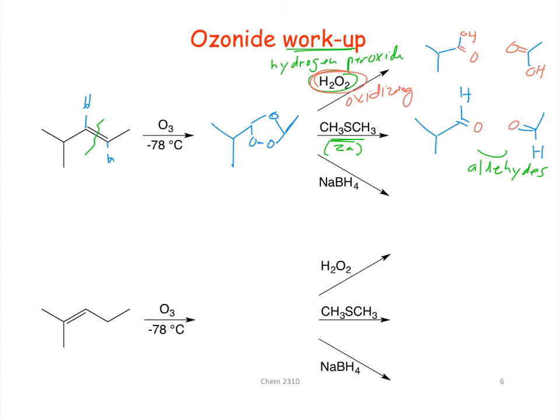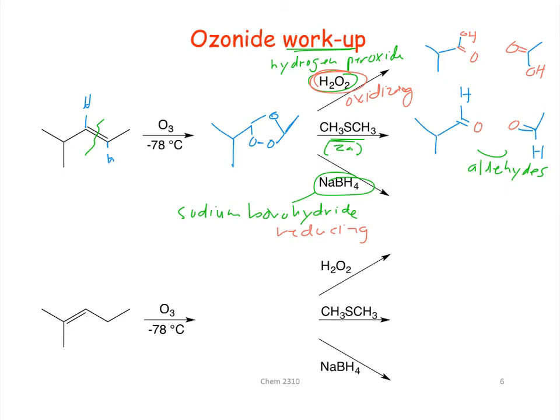If we use this species down here at the bottom, this is called sodium borohydride. Sodium borohydride is a reducing agent. And so the two aldehydes that are formed initially are reduced.